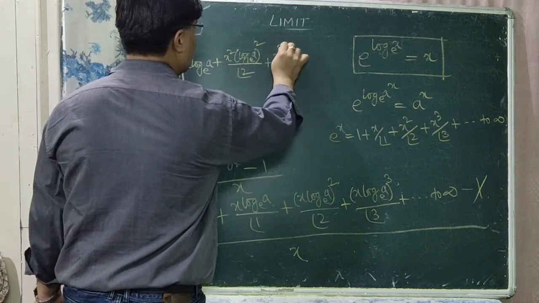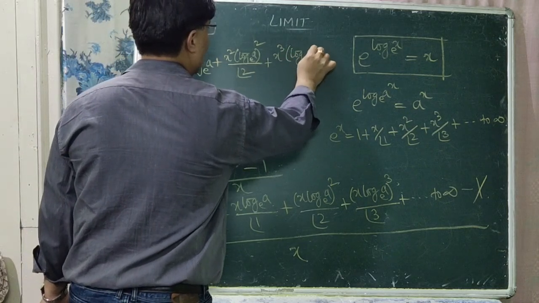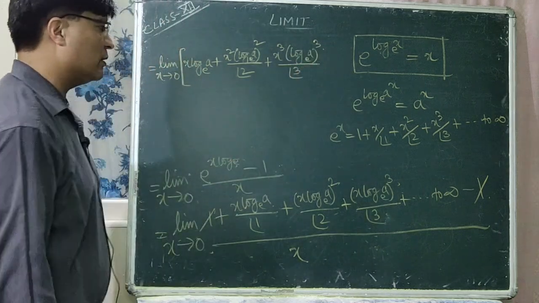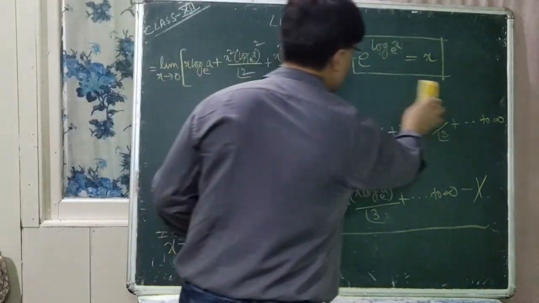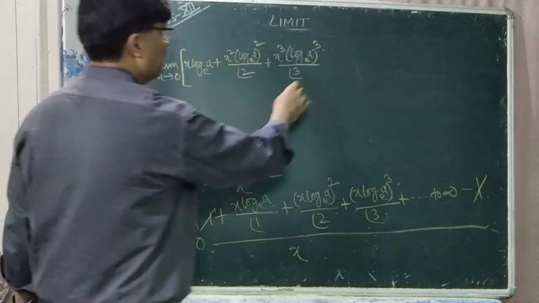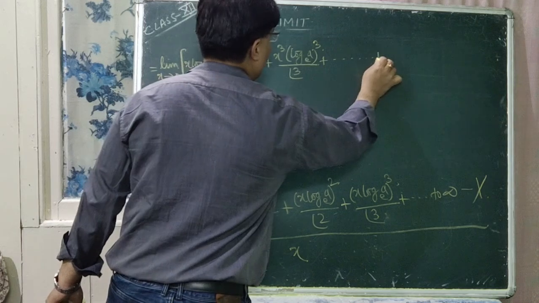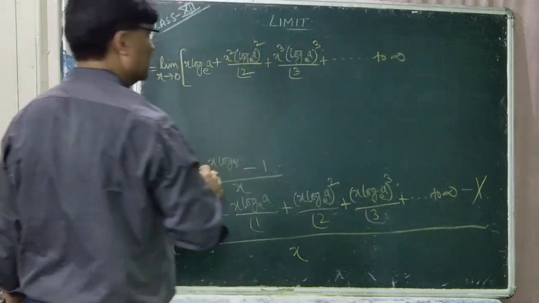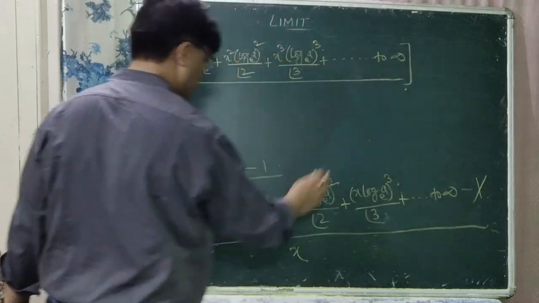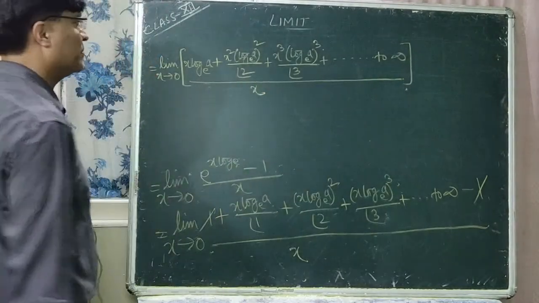Plus x cube into log a base e whole cube divided by factorial 3, plus it goes up to infinity. Plus there are all the terms containing x here. Third bracket is closed. This whole divided by x.